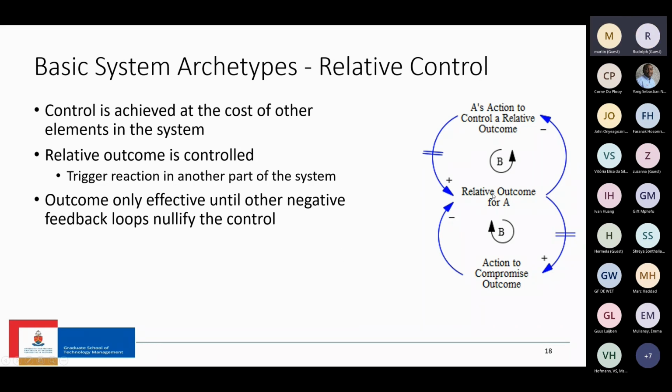And the two feedback loops are nullifying the control that you want to achieve. Okay, I hope that helps, but I will give this to you. And I think it's also very well explained within that article from Wolstenholme.